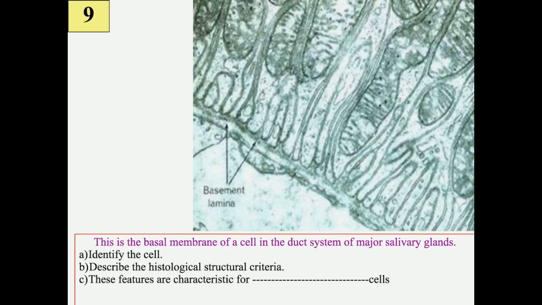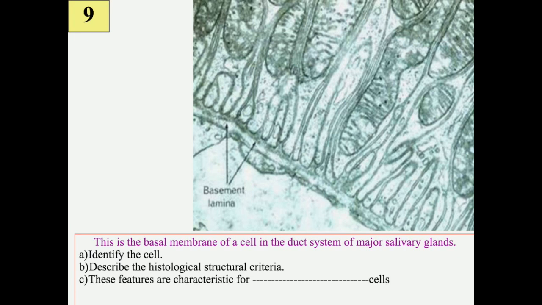These cells are low columnar with central rounded nuclei, or cuboidal epithelium, and they have basal striations in the light microscope and apical acidophilic granules. By the electron microscope, they have basal infolding together with elongated mitochondria in between these folds. These features are characteristic for ion transport cells.